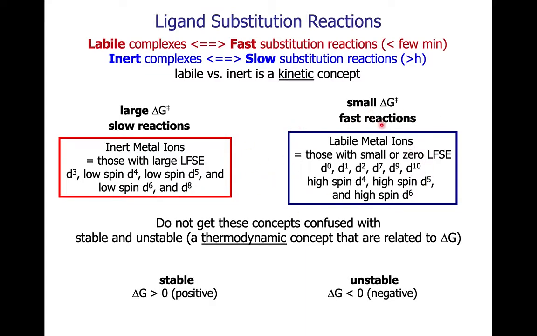The remainder of the electron configurations are fast reactions. They are labile. Again, don't confuse this with thermodynamic terms, where stable means that the reactants are at a lower energy than the products, and unstable means that the reactants are at a higher energy than the products.